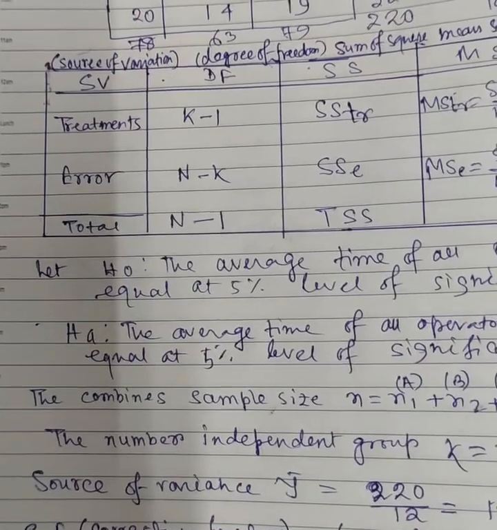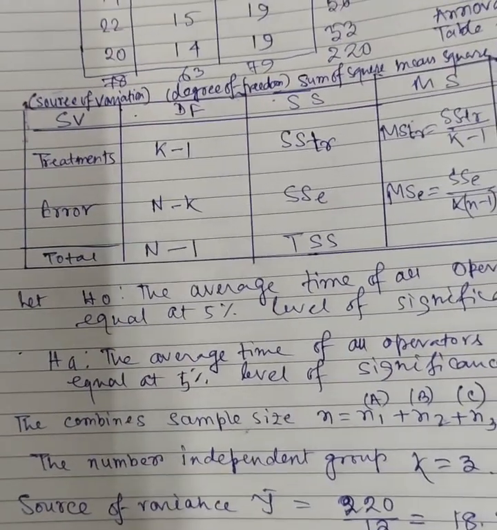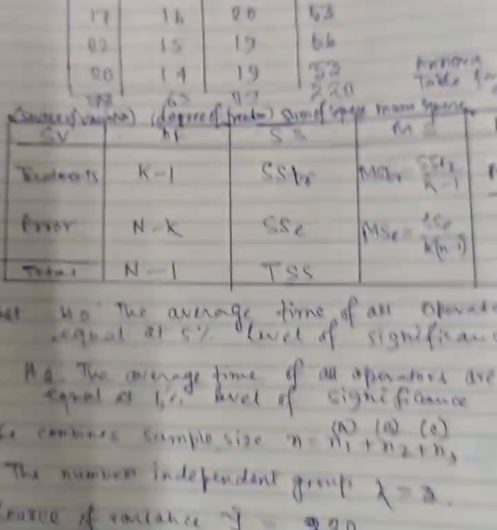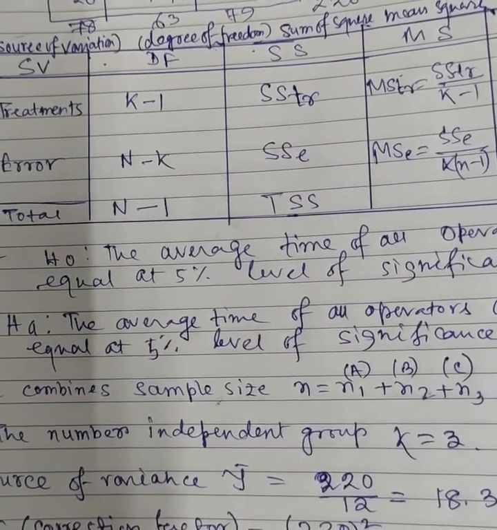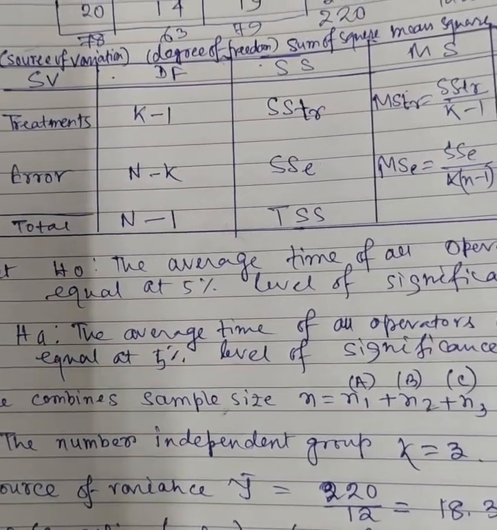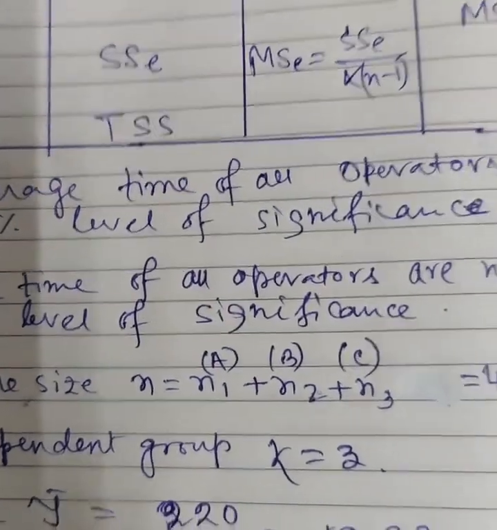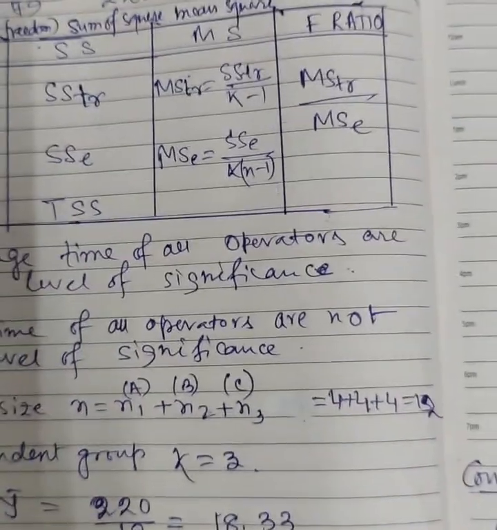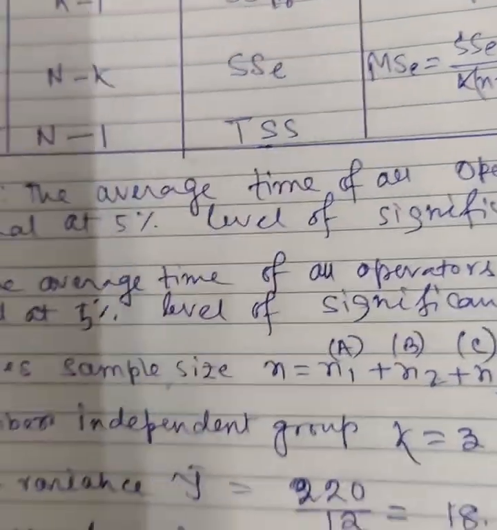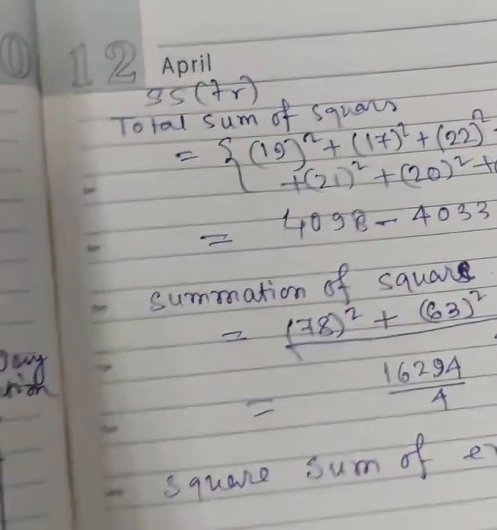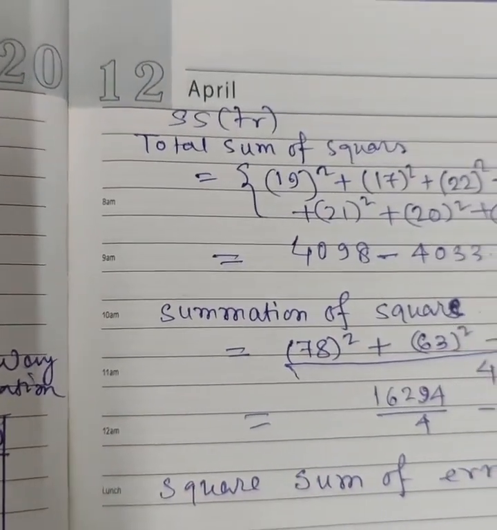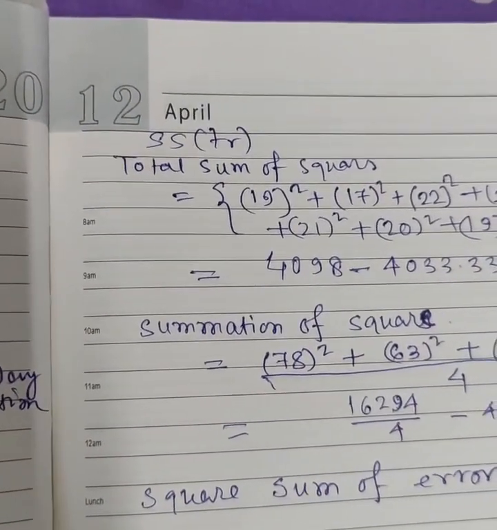The formula: the total of the calculation is 220, calculated over 12 numbers, that is n. Then the correction factor is 220 squared by 12, which equals 4033. Now we calculate SSTR, the total sum of squares.